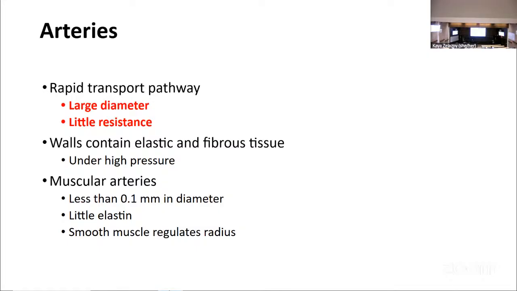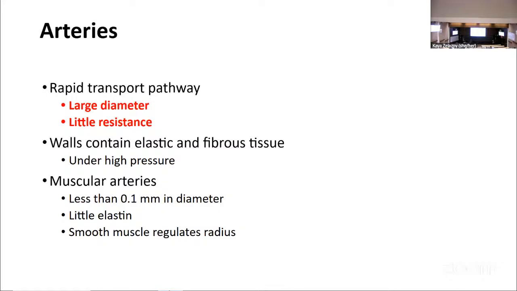And because we have that big radius, that means we don't have very much resistance, low resistance, but we have the ability to put a lot of blood through that quickly because we've got a lot of flow through this artery. Now, because we have all this blood flowing through these arteries quickly, we also want to think about how they interact with the pressure of that blood.